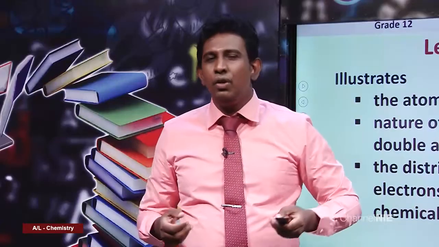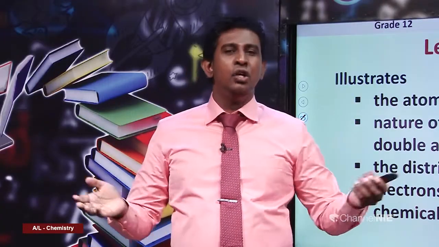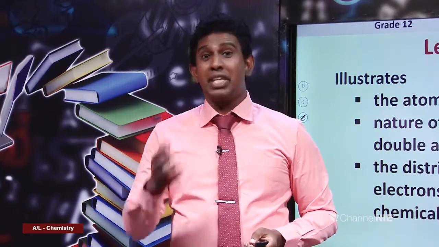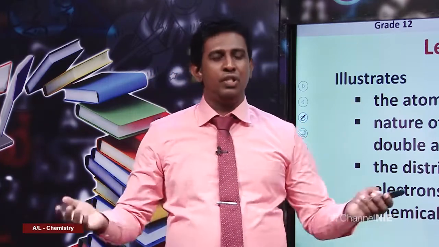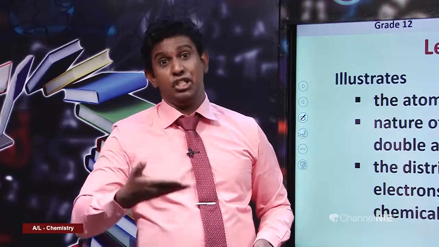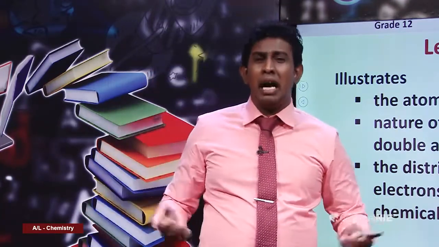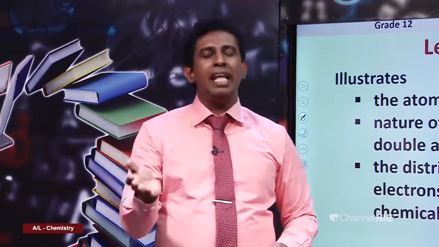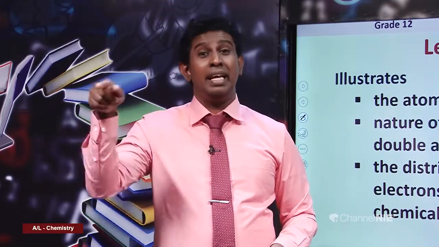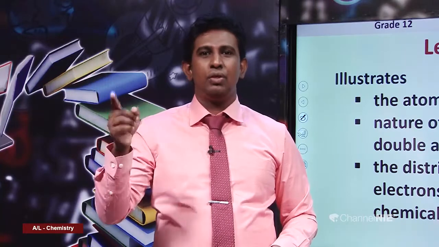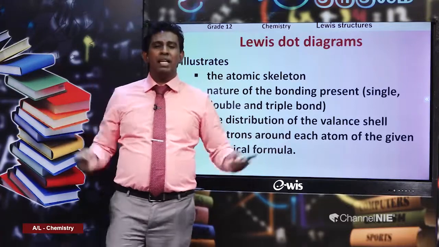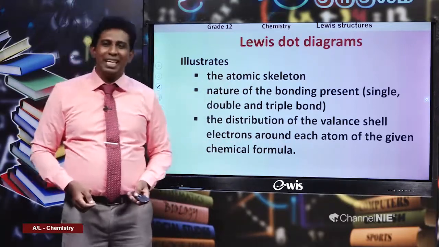But you can't find out the oxidation number and the hybridization of each atom directly by seeing the Lewis structure. We need to work those out later. Those are secondary things. You can't reveal that information directly.